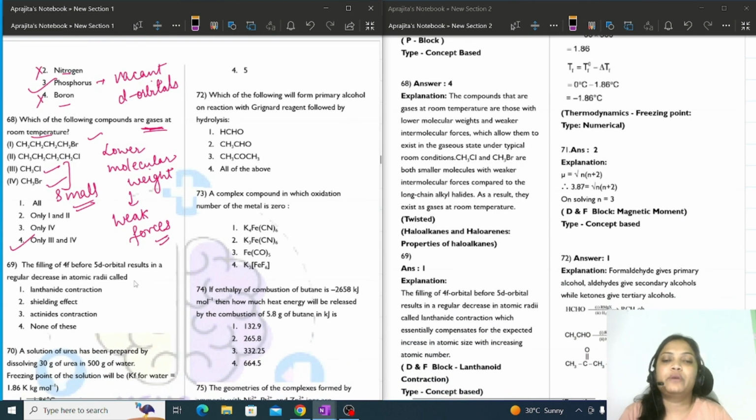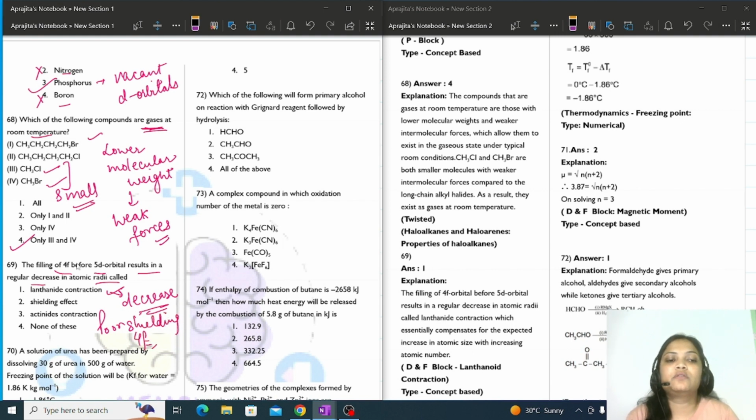Now question number 69, filling of 4f with 5d orbitals results in a decrease in atomic radii. This phenomenon is called lanthanide contraction. Lanthanide contraction is the decrease that we see in atomic size because of poor shielding by 4f electrons.